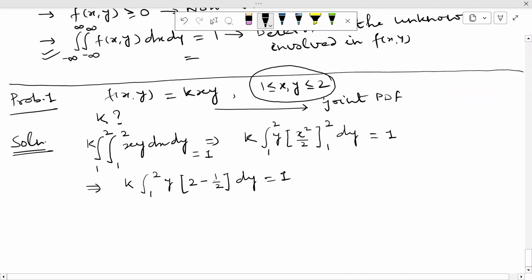Now we know that 2 minus half is 3 by 2, and again 3 by 2 is constant.